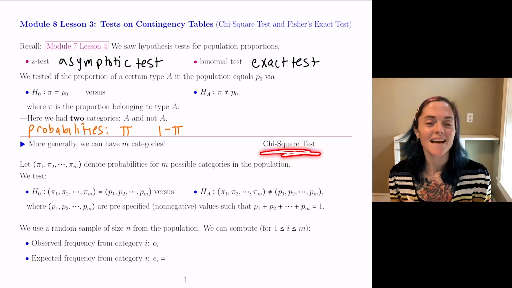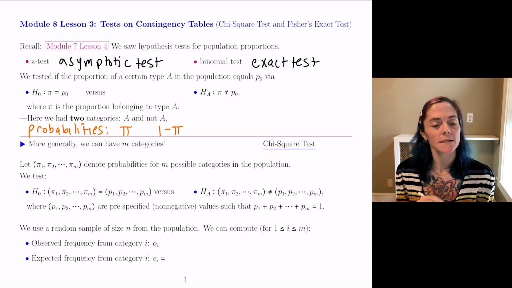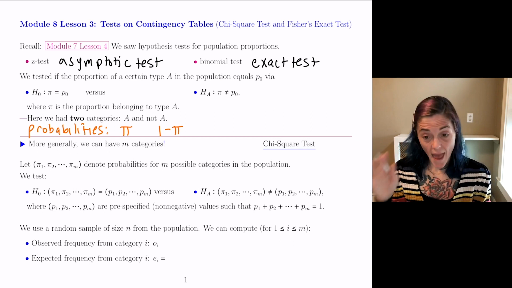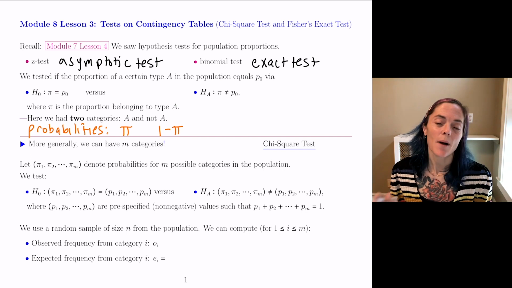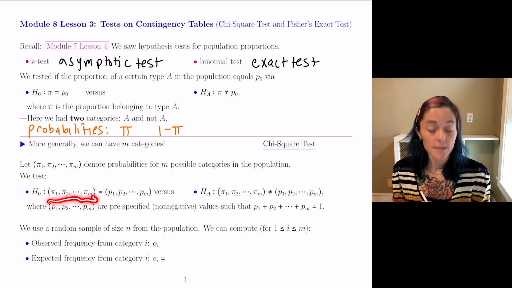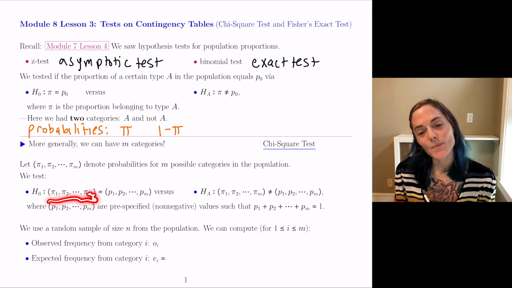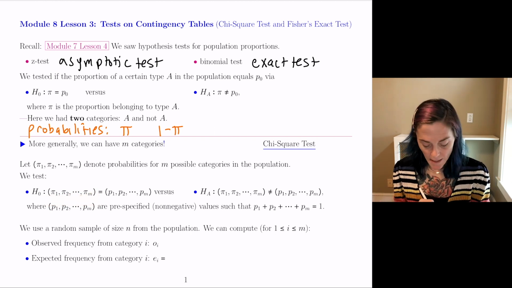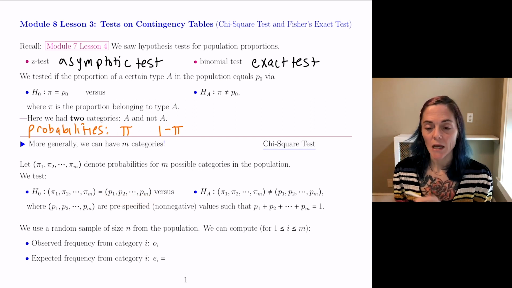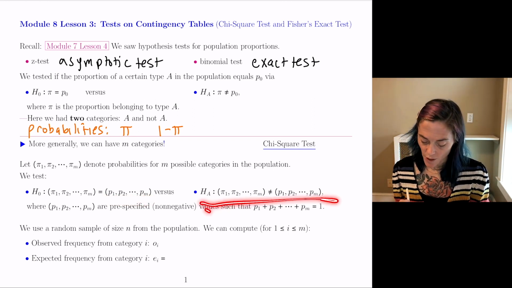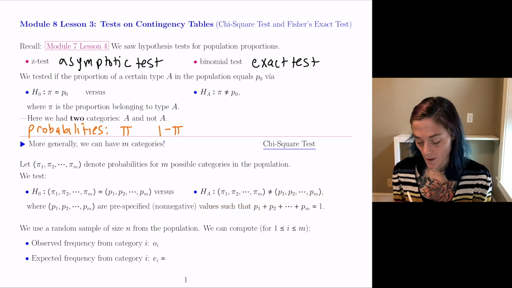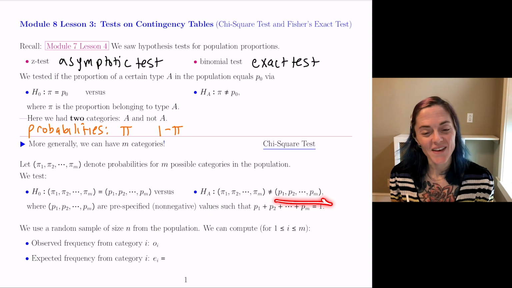We will discuss the chi-square test here, but let pi 1 through pi m denote probabilities for M categories in the population. The null hypothesis is that this vector, pi 1 through pi m, equals some specific vector of probabilities, p1 through pm, versus the alternative that this vector is not equal to this specific vector.